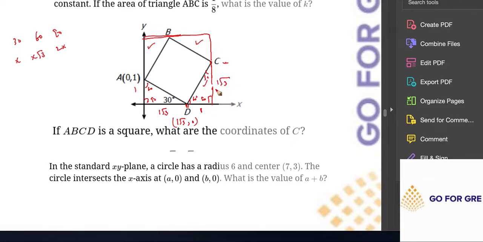So the point coordinate of C: x is 1 plus 1 under root 3, and y is 1 under root 3. So this is the point C. If you can solve this question, I think you are 70% clear about coordinate geometry, if you alone solve this question.